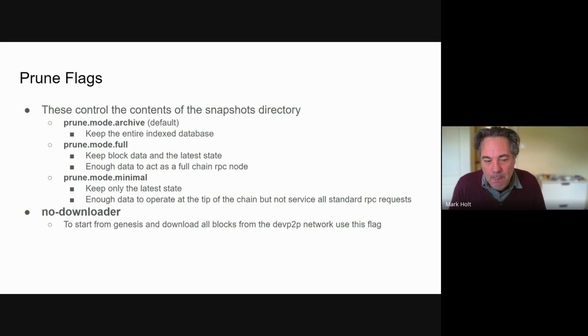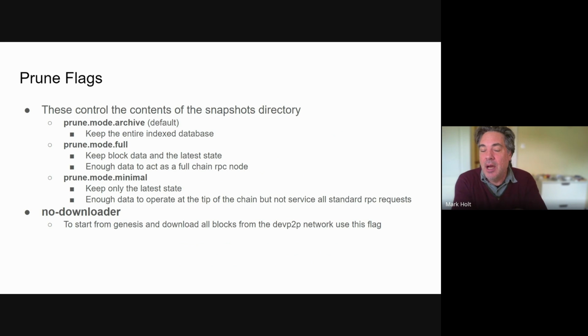Now, I'm mentioning that in this presentation because people might want to test the difference between our effectively fast download mode and the no downloader mode, which is kind of like the default operation for the chain.